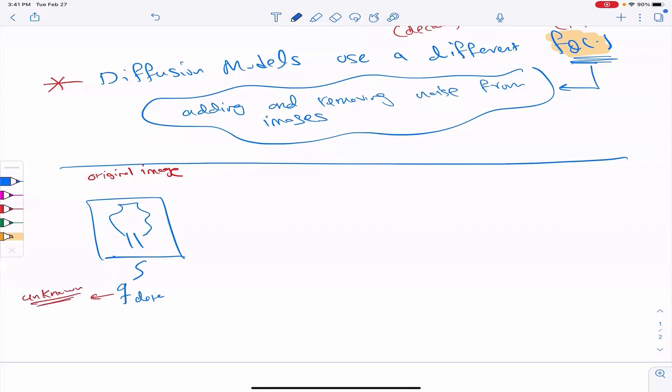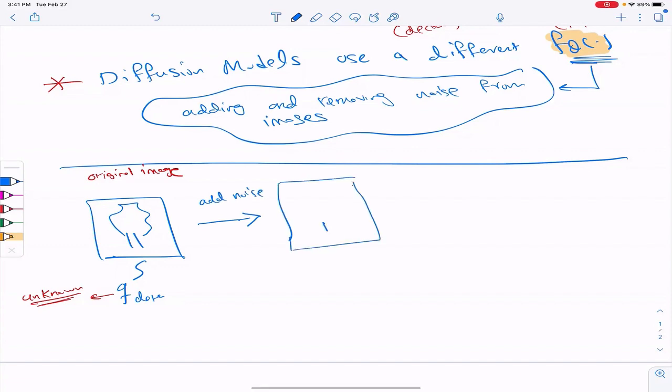In the diffusion process, we recursively add noise to the samples that we have in our training. That's called the forward process. And you're going to see why that becomes useful in the generation process itself. So we add noise recursively.